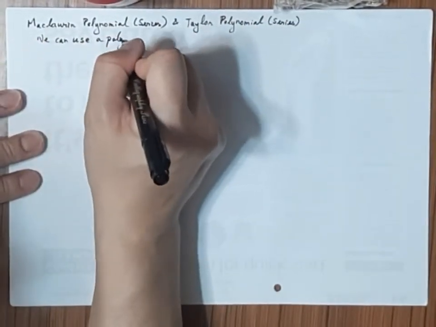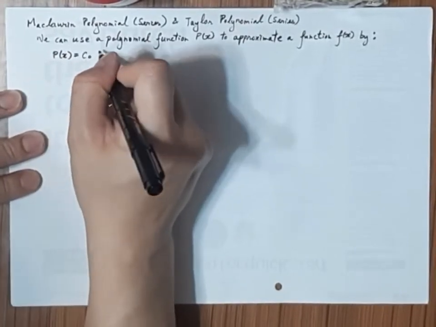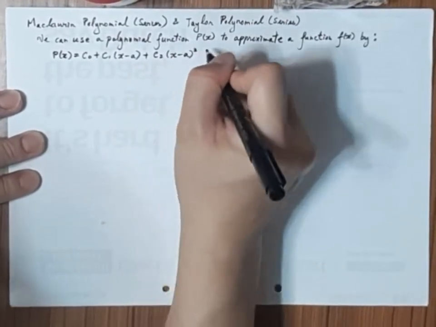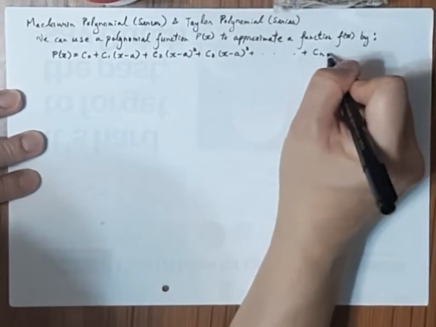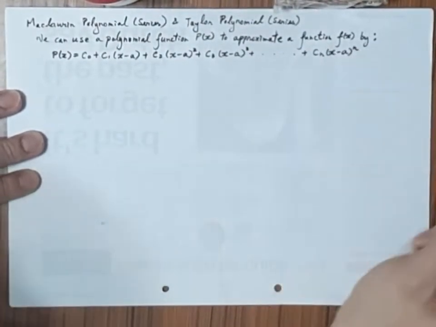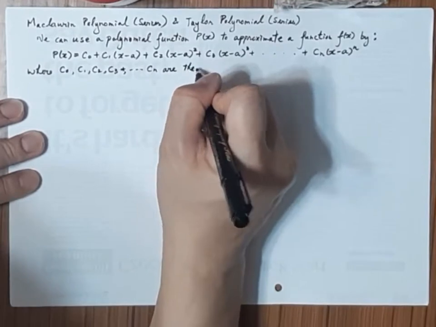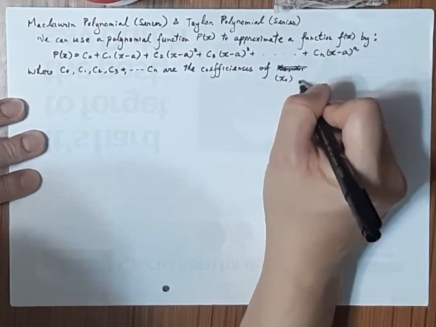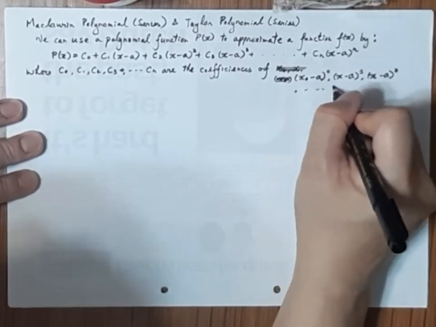We can use the polynomial function p(x) to approximate a function f(x) by p(x) equal to c0 plus c1(x minus a), plus c2(x minus a) to the power 2, plus c3(x minus a) to the power 3, until the end of the series, cn(x minus a) to the power of n, where c0, c1, c2, c3 to cn are the coefficients of (x minus a) to the power of 0, (x minus a) to the power of 1, (x minus a) to the power of 2, until (x minus a) to the power of n.